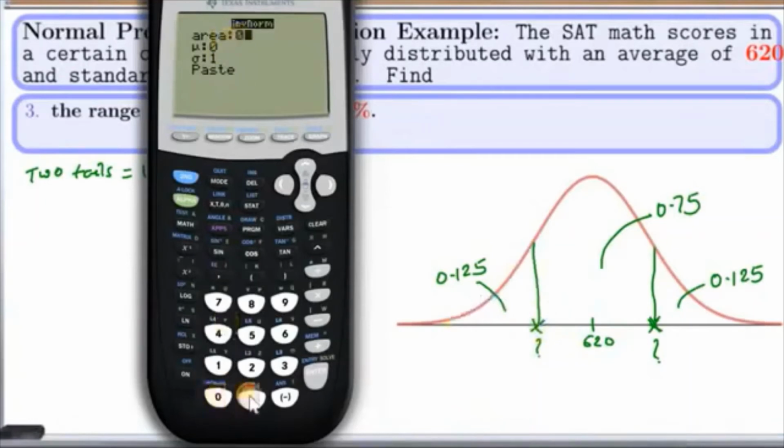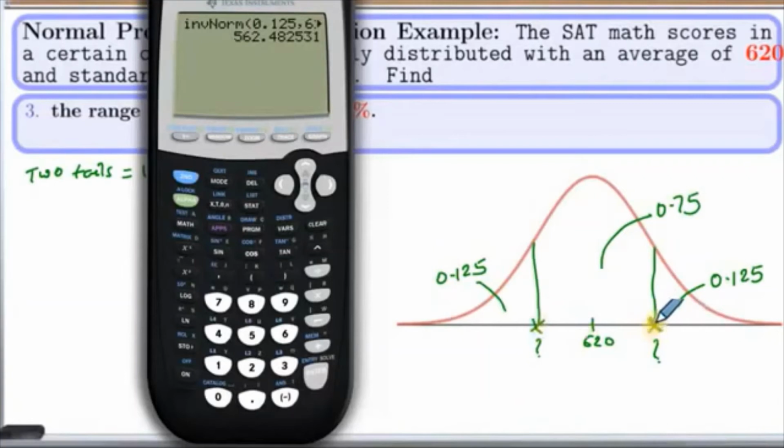So that's what we'll put there, 0.125. And our mean is 620 and our standard deviation is 50. Let's hit enter. So we get 562 point this number here. So that goes over here.